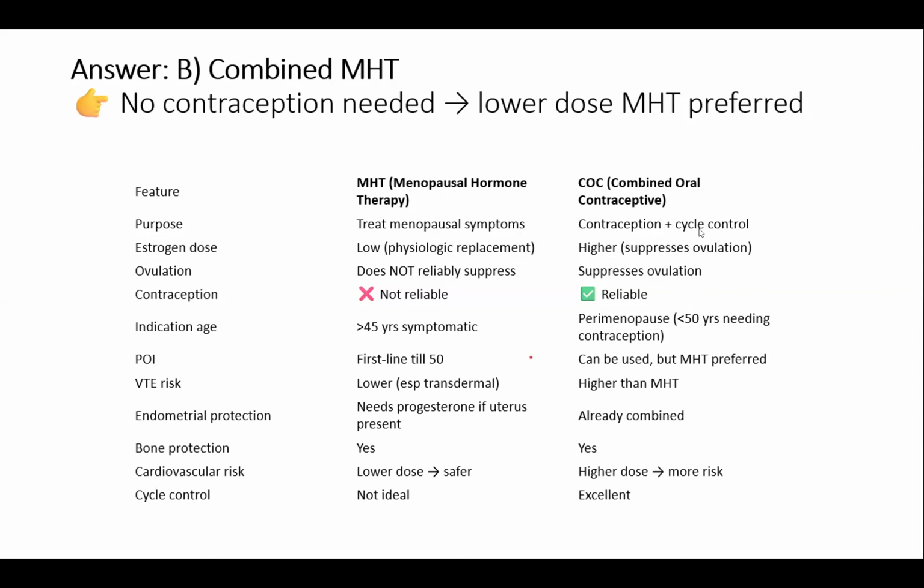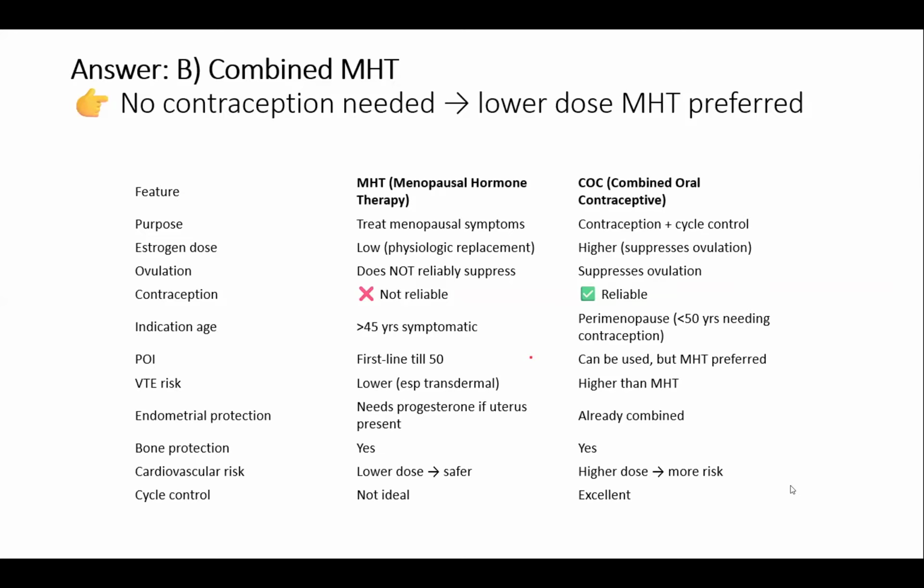But combined OC pills will have a higher dose of estrogen which will suppress ovulation. So if you take MHT, you may feel the patient won't become pregnant, but no, because ovulation can happen in MHT therapy as the estrogen is very low in that. Whereas in combined OC pills, the high dose of estrogen will suppress ovulation.